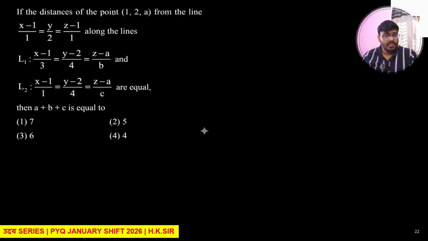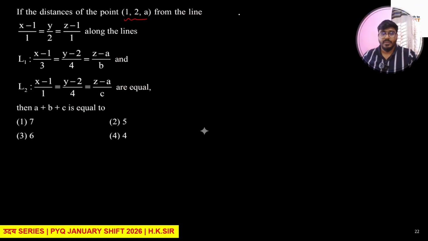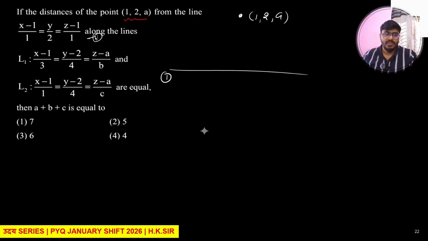Distance of this point (1, 2, a) from the line, this is the line, first line, line number 1. Let's suppose this line is L, this is L1, this is L2.